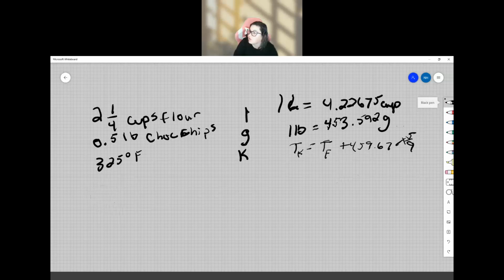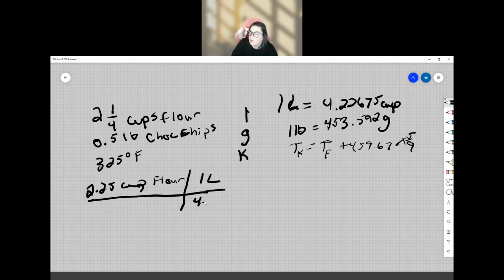I apologize for how slow I am with this. .25 cup. Anything above the line is multiplied, anything below the line is divided. And then I know that 1 liter, which is what I'm looking for, is 4.22675 cups. And I can do the math on that.